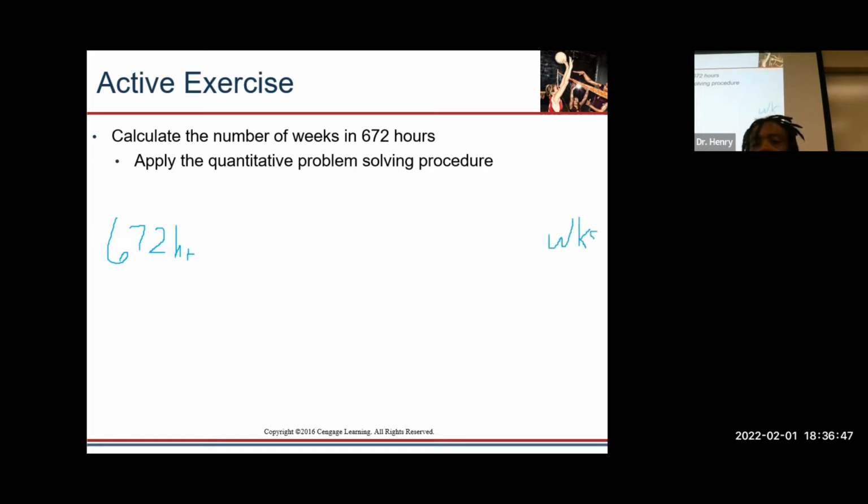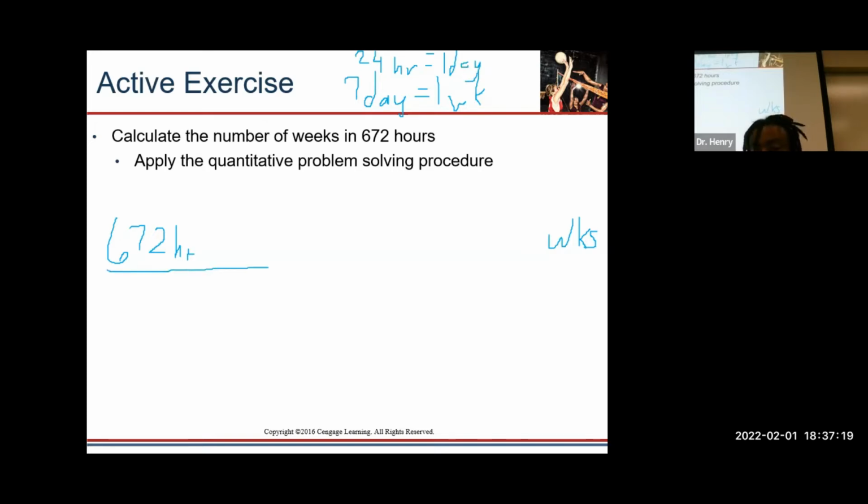So what are some of the equivalencies that we know? There's 7 days in a week. There's 24 hours in a day. So how would I use those equivalencies?